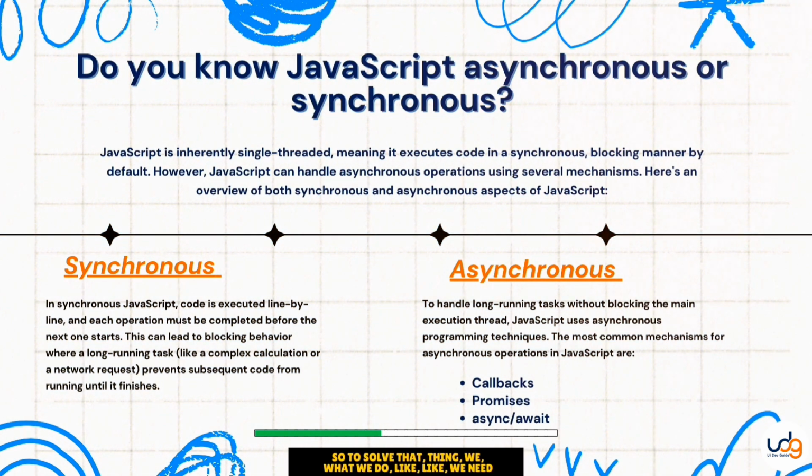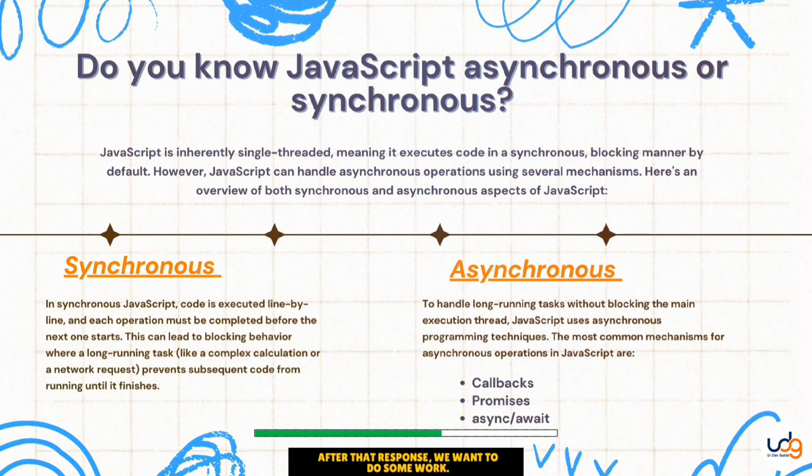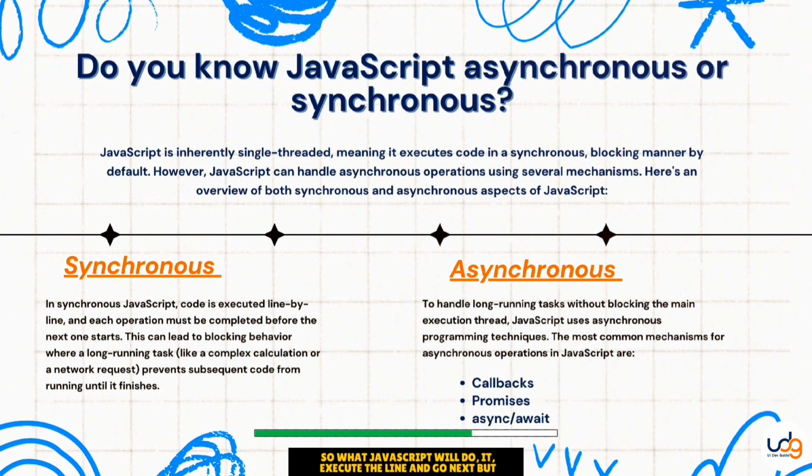So to resolve that, say we are making an HTTP request and we need that response. After that response, we want to do some work. But as we know, JavaScript doesn't wait for anything. It executes the line and goes to the next.